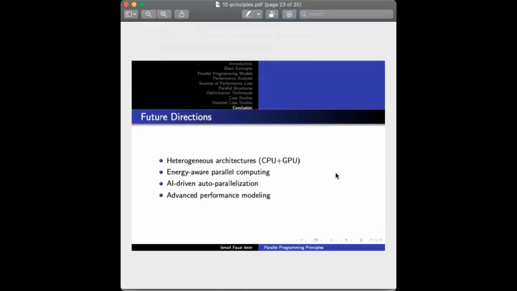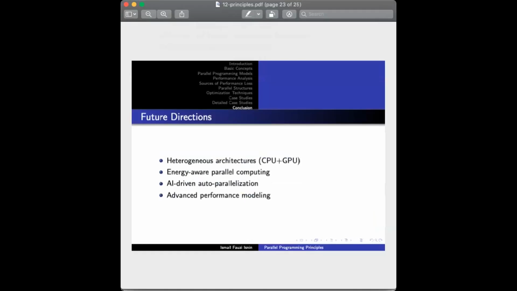Okay, for the future direction. So look forward. The parallel programming landscape continues to evolve rapidly across four major issues right now. Heterogeneous architecture, which requires mapping workload across CPU and also GPU systems. Next, energy-aware parallel computing, which prioritizes optimizing our code for power efficiency and performance per watt inside massive data centers.